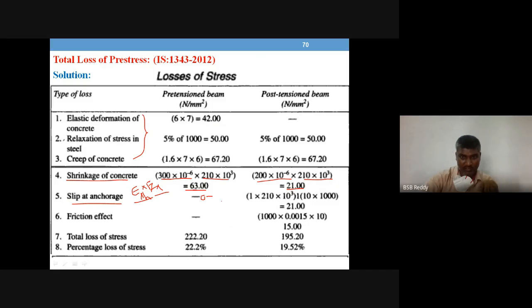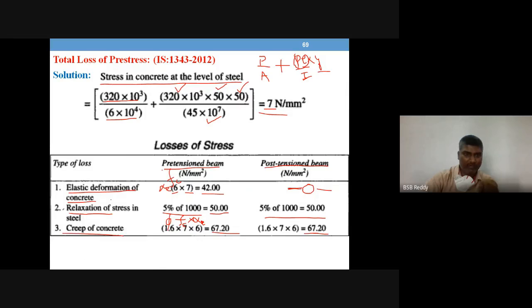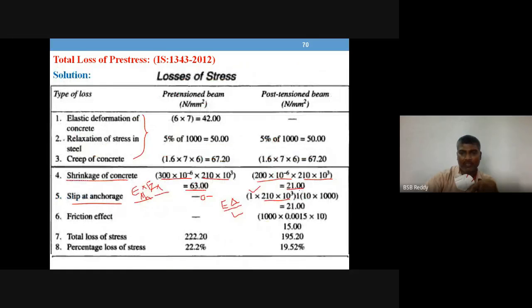The formula you know is E times delta divided by L. So Young's modulus of steel, delta 1 mm, given data, divided by L, 10 meters, converted into mm, 1000. So that is coming out to be 21.